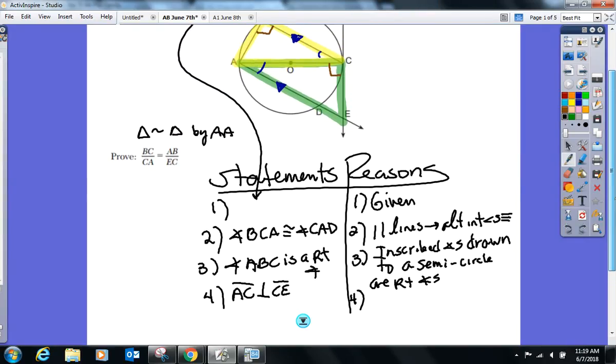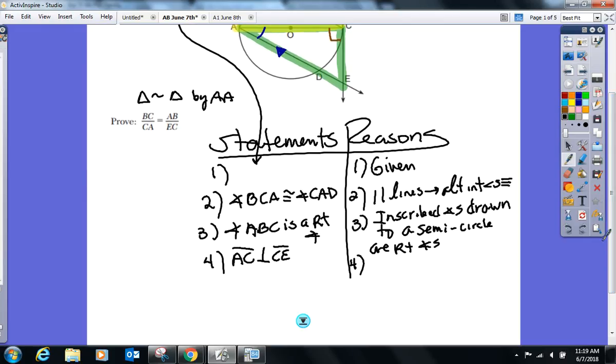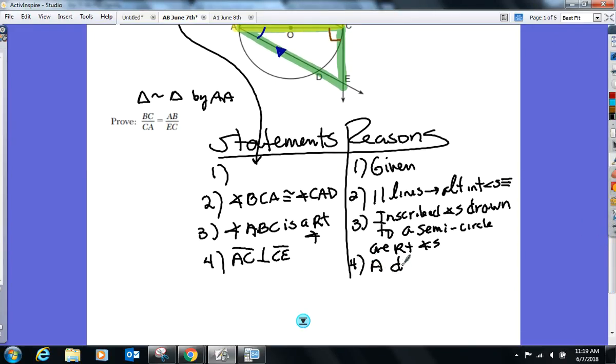All right, so here's the actual theorem. Will, you said a diameter. You could also certainly write a radius. So a diameter drawn to the point of tangency, not to a tangent, is perpendicular to the tangent.